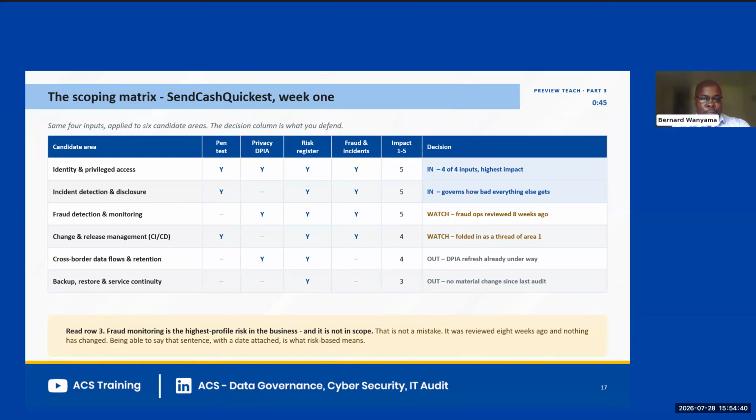Okay, so in this case, some of these artifacts can be used as inputs. We can use them to score and inform our understanding of what we want to focus on. But the point is that you have your candidate areas here, and you're trying to say, where can we get information from, and what can show us that if something is highlighted in different artifacts, pen test, privacy report, risk register, fraud and incident, how does that give it weight in terms of it becoming maybe the number one priority?